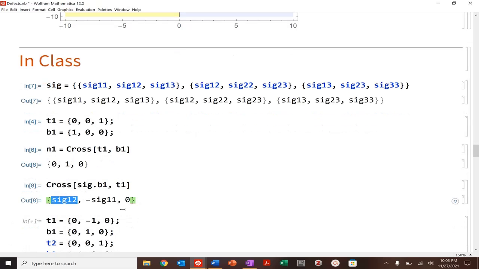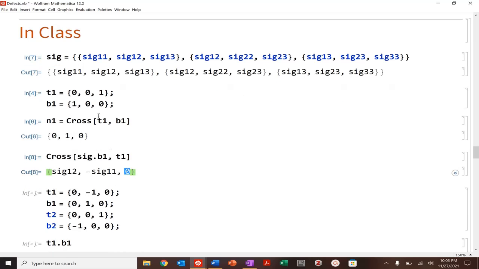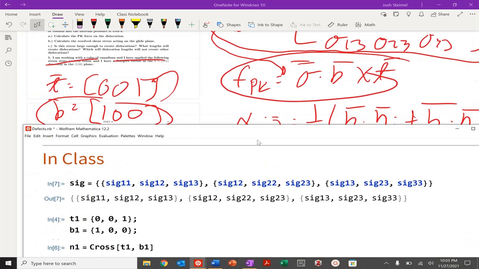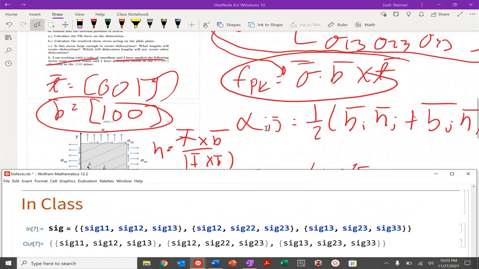And you see, those are my components. So this is in the 1 direction, 2 direction, 3 direction, or x, y, and z direction. So you see I have some force in the x direction, some force in the y direction, and no force in the z direction for this. Again, depending on my b1 and t1 values, that can change. So that would be my Peach-Koehler force vector, because force is a vector quantity.